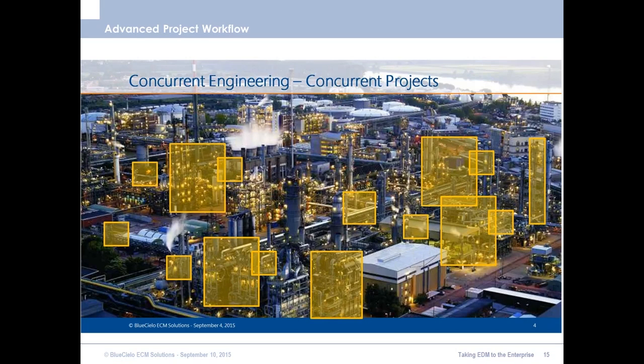And I think this slide here does a good job of graphically showing that, where we've got a picture of some kind of large chemical plant, and the yellow boxes denote engineering projects going on somewhere throughout that plant. What you can see noted is we've got some small projects, some larger projects, and some overlapping projects where the same area of the plant is under change in a couple of different projects.